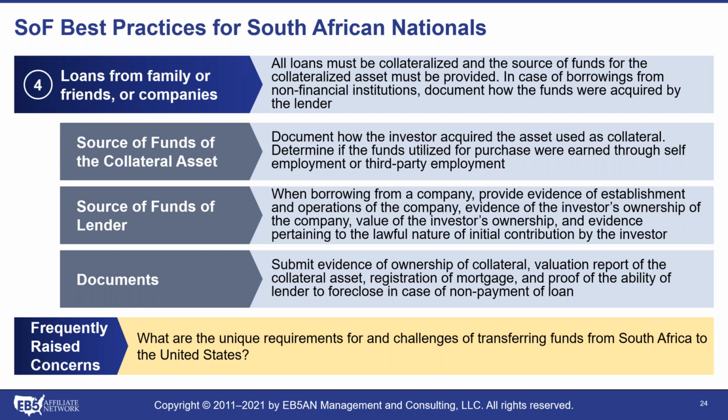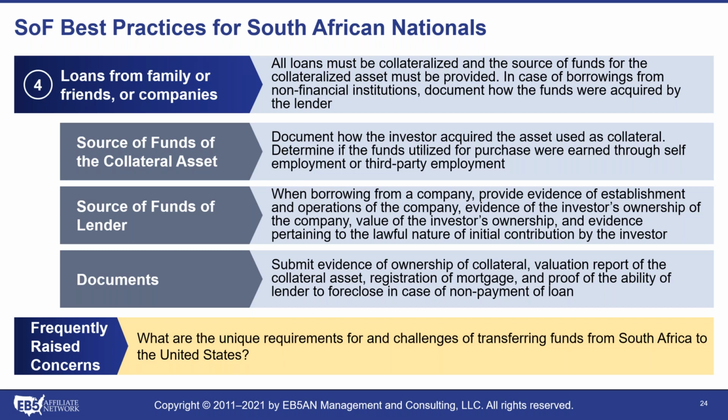In my experience, unless it is a family member that doesn't necessarily want to obtain a green card for tax purposes or otherwise, gifts and loans from family and friends seem to be a little bit less common.